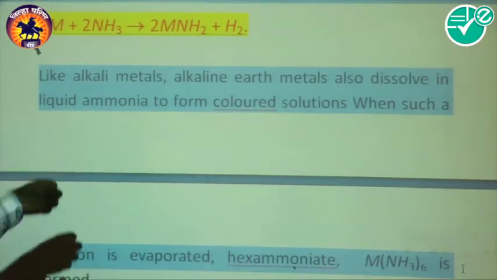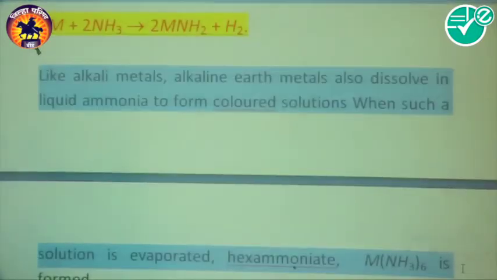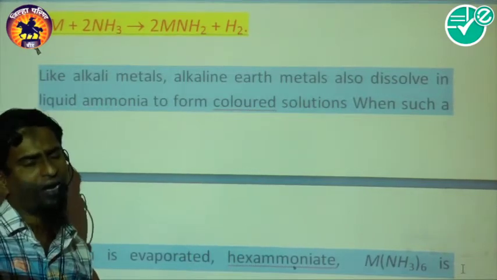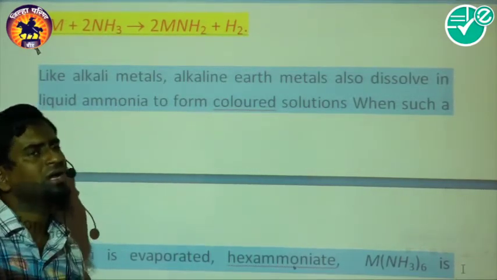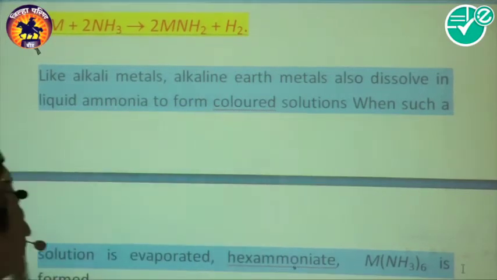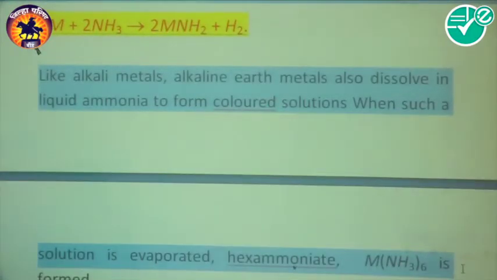Now, if you add an alkaline earth metal to ammonia solution, they will again impart a blue color to that solution, and they will also provide free electrons, that is ammoniated electrons, to that solution. But here the formation of hexaammonate takes place.